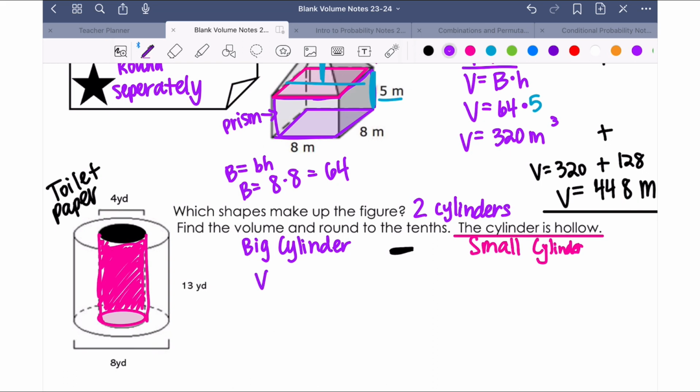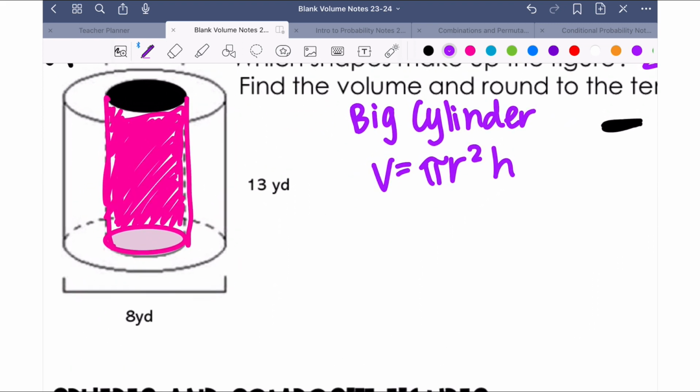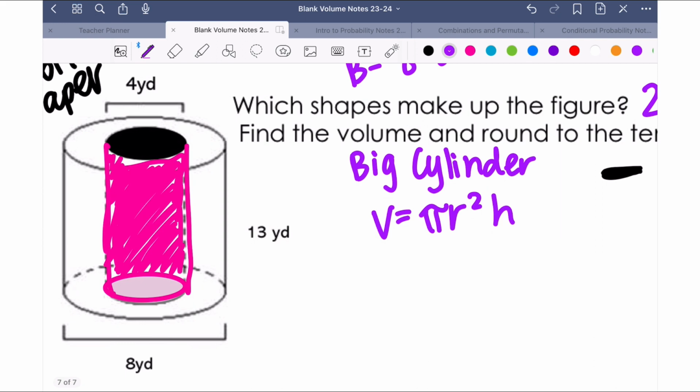Let's just get started. So volume equals pi r squared times the height. So let's do the big cylinder first. Now, it might be tricky to figure out what the radius is and all that, but let's do it together. The big cylinder has a diameter of 8.